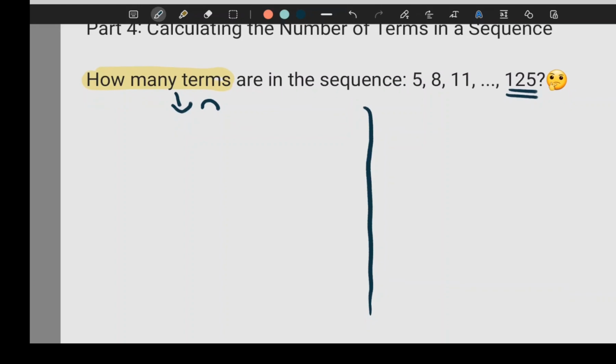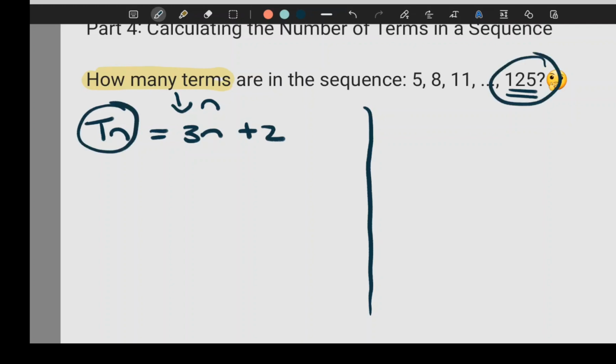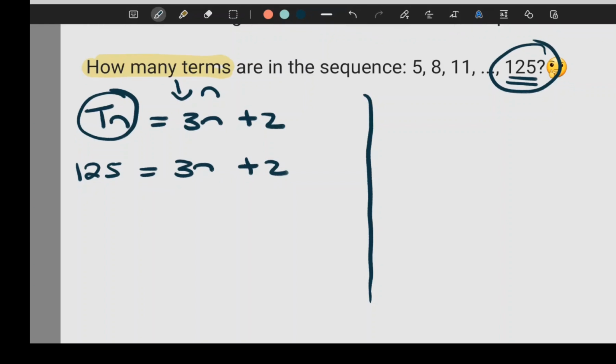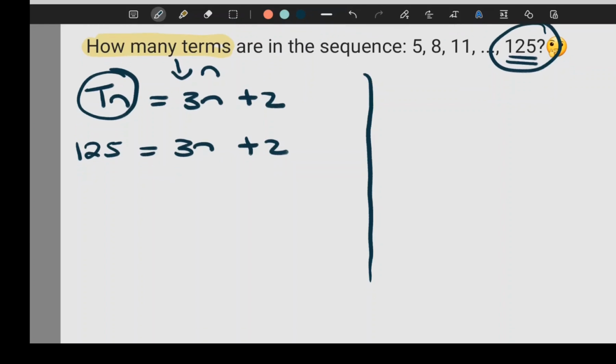The first way is I write the general term down. In this example, I'm going to make the general term equal to the last term. So if I want to know how many terms there are, I make the general term equal to the last term and I solve for n. 3n stays there. 125 minus 2, 3n, 123.